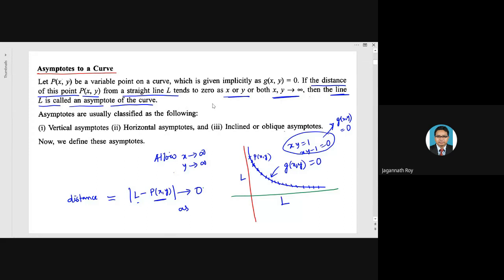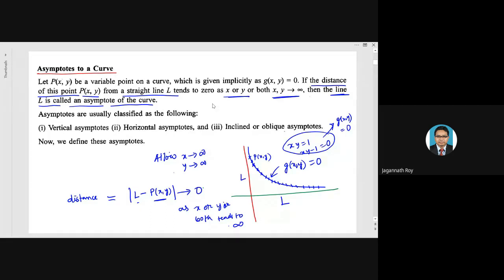This line can be horizontal or vertical. x or y or both tend to infinity.